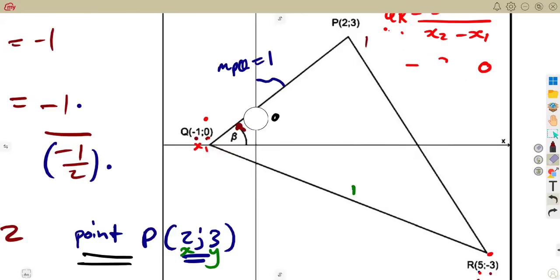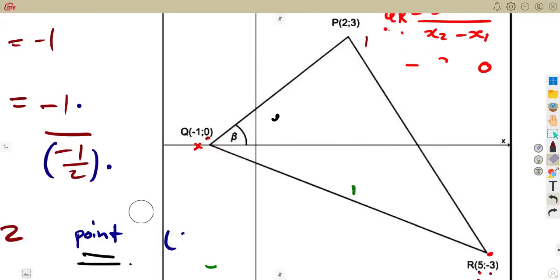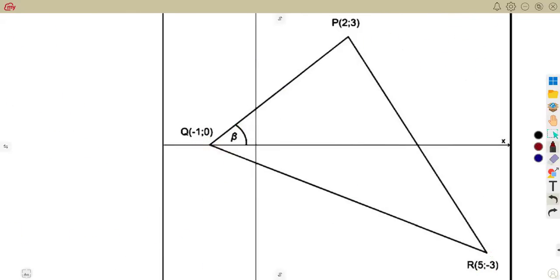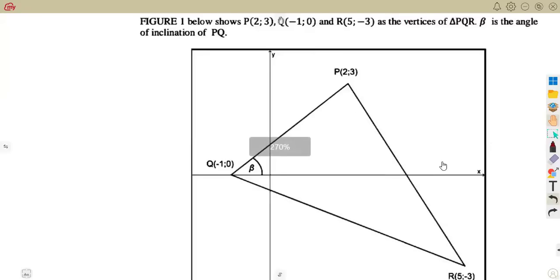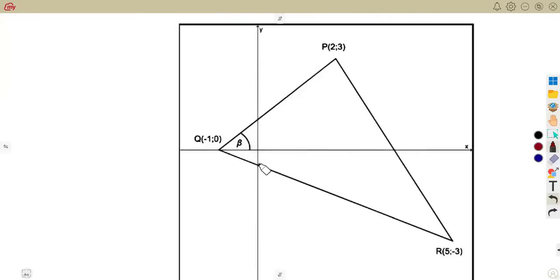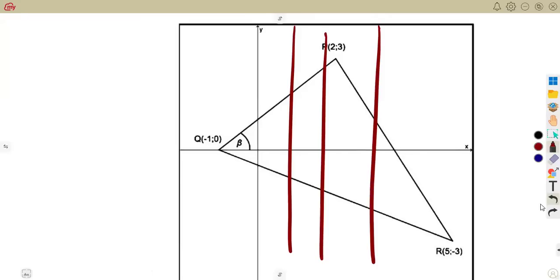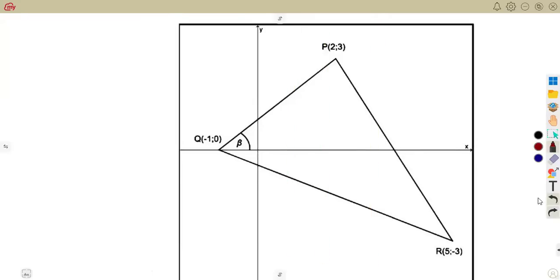How do we see a line parallel to the y-axis? This is the y-axis, guys. These lines like this are parallel, vertical lines. So if a line passes through Q and is parallel to the y-axis, it's like this.